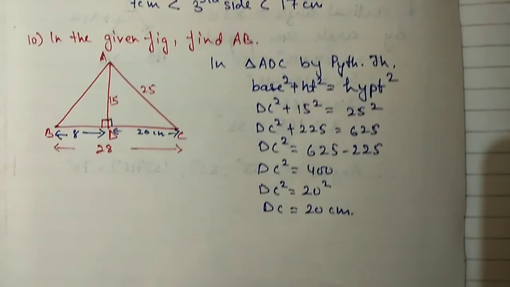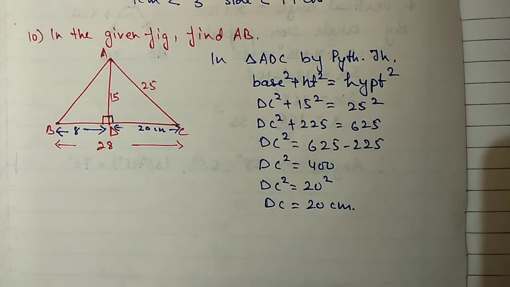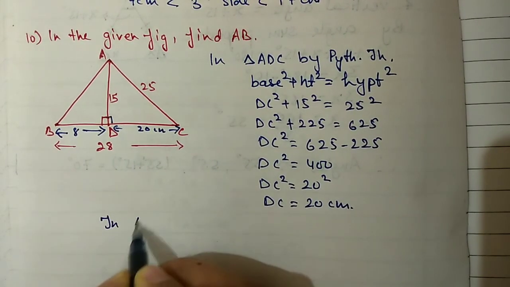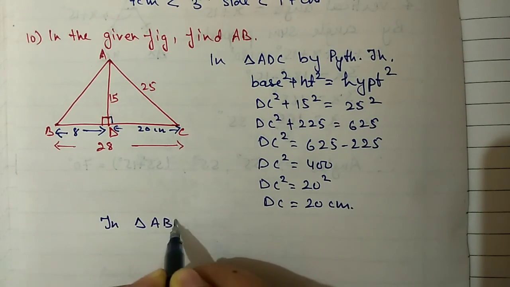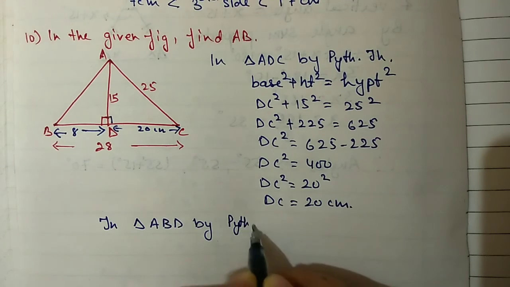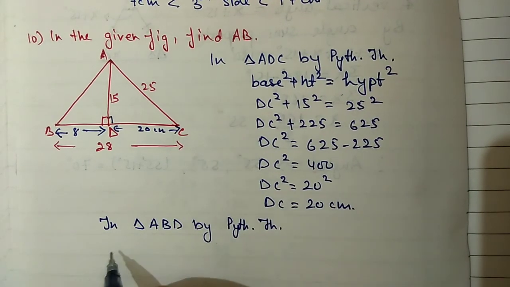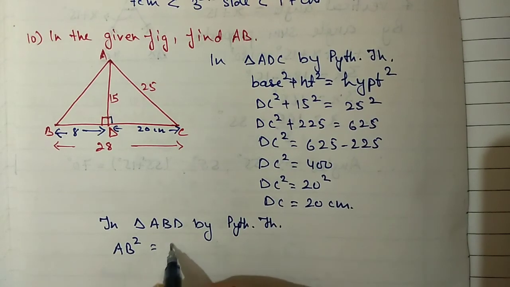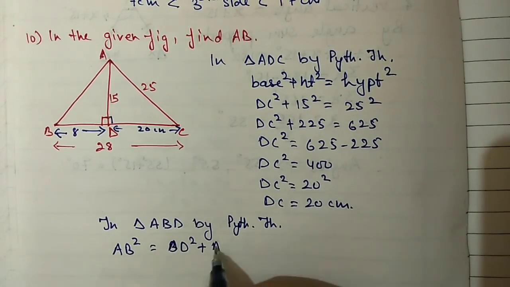Now in this triangle ABD also we can use Pythagoras theorem. In triangle ABD, by Pythagoras theorem, AB square, the hypotenuse square, will be equal to base square plus height square.